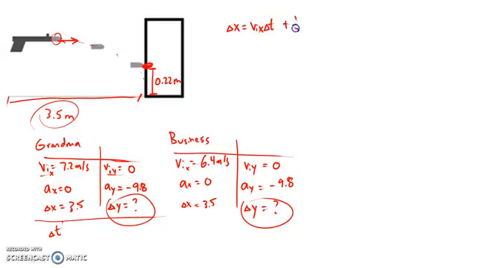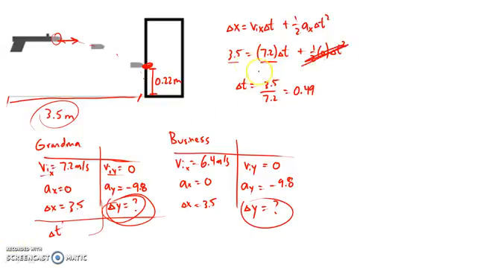This is one of the kinematic equations, to find my time, and then use my time to find what my change in y is. So I've plugged in my values, delta x, vix. The acceleration is 0 in the x direction for the grandma, so I can cancel this term. I divide both sides by 7.2, and I find that the time it takes is about 0.5 seconds.